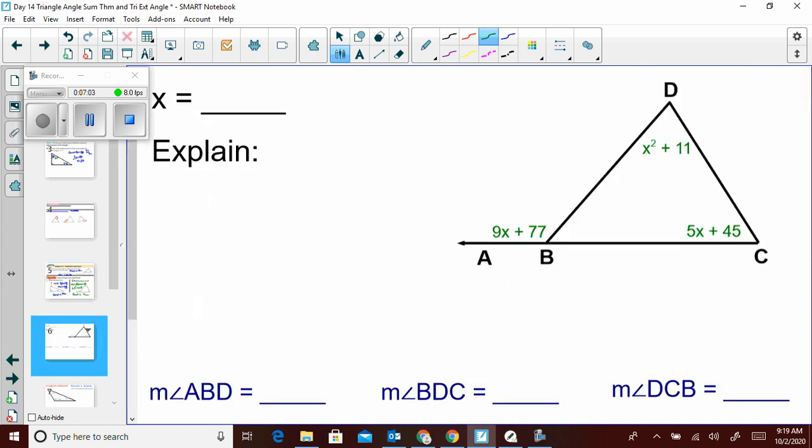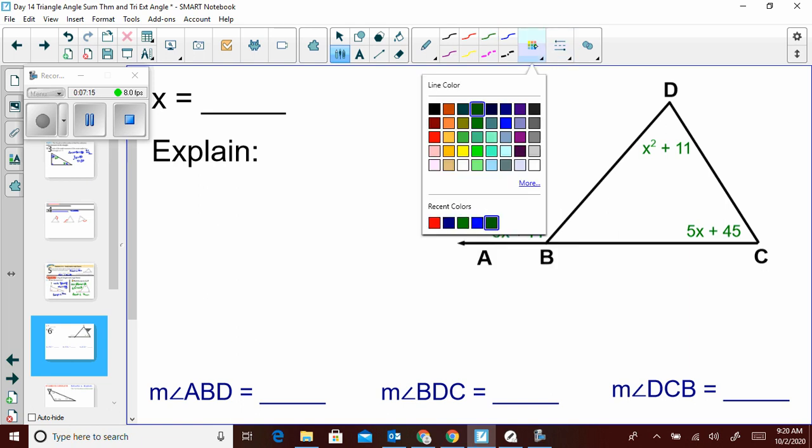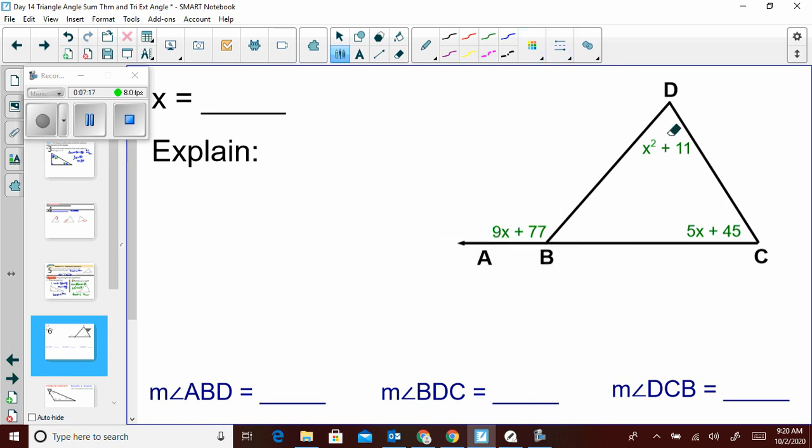Good. Let's look together then at an example with algebra. Okay, we're going to look at something with algebra. Is this the triangle sum theorem, or the triangle angle sum theorem, or the triangle exterior angle theorem?